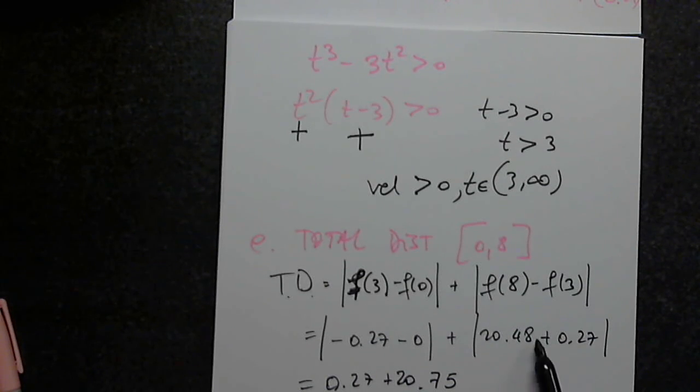Correct me if I'm wrong. So the total distance in feet covered by the particle between 0 and 8 seconds will be 21.02 feet.